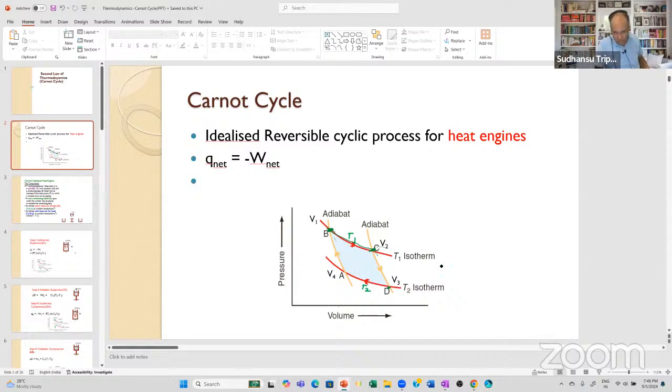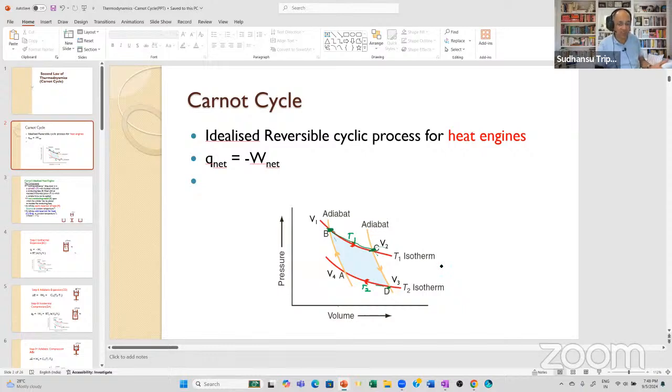So that it throws, and this D to A is isothermal compression, and then A to B is once again adiabatic compression. So two expansions, B to C, C to D, and two compressions, D to A to B. Ultimately you land at the same point.